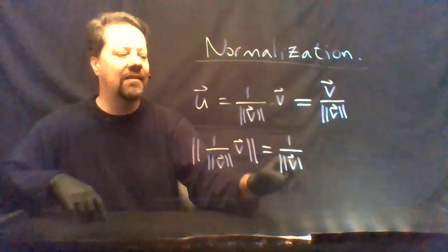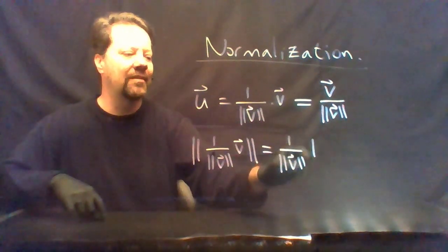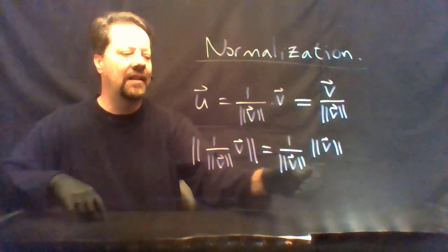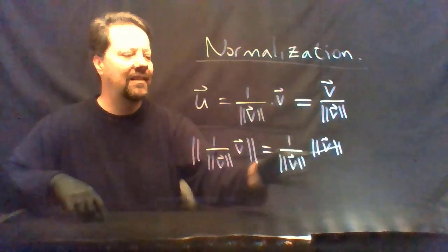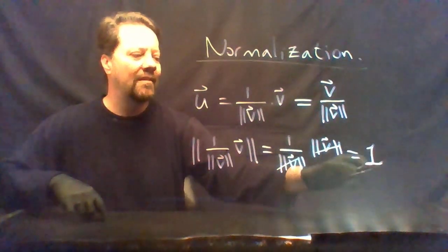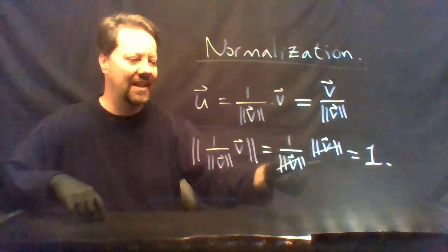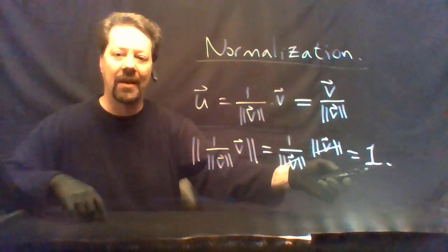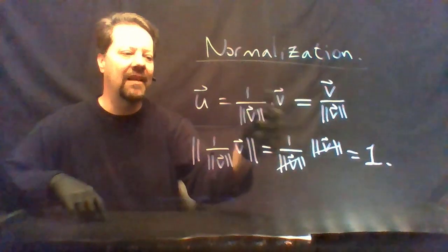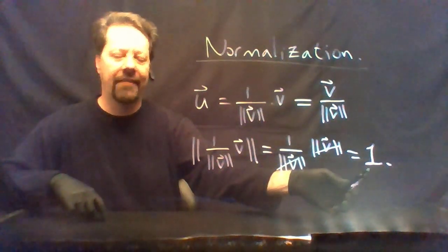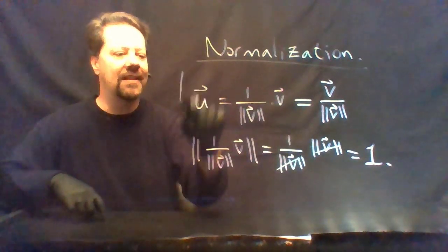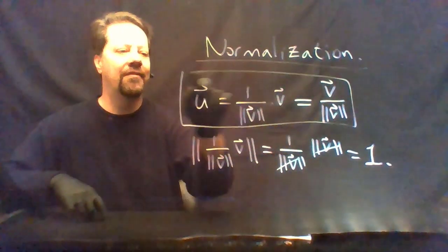So this scalar 1 over the norm comes out, leaving just the norm of v inside. Well, the norm of v cancels in each case, in which case you get a length of 1. So this will be a positive scalar multiple of the vector v having length 1. This is how you normalize a vector.